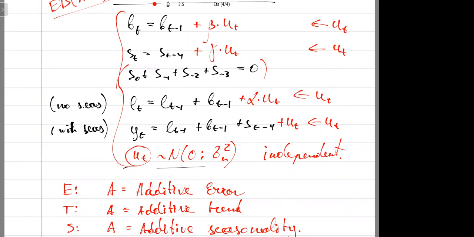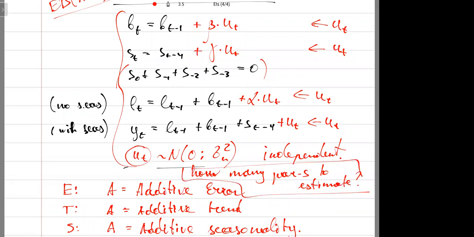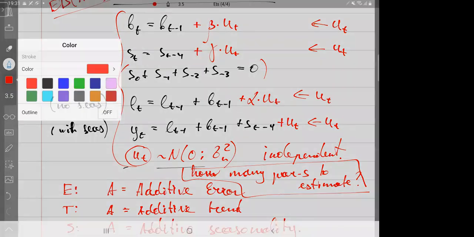So before moving a little bit to multiplicative models, let's check how many parameters we need to estimate by maximum likelihood. How many parameters to estimate? Five parameters.